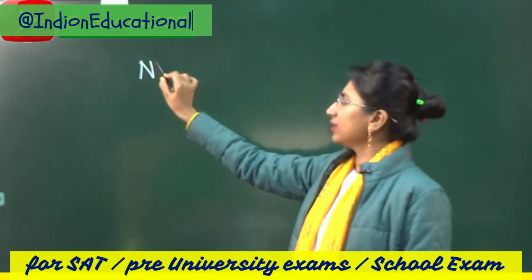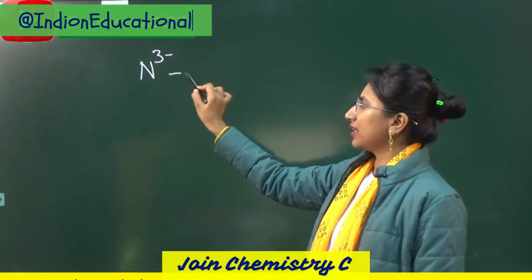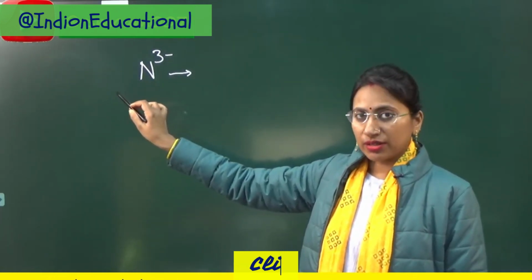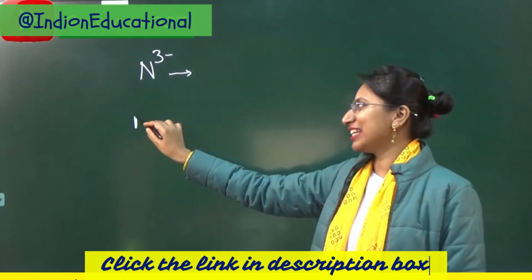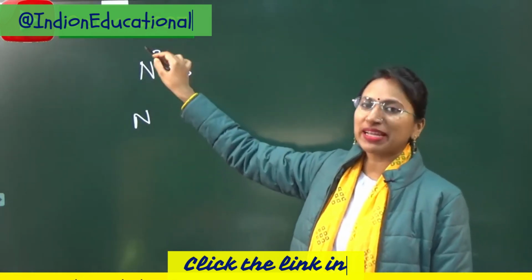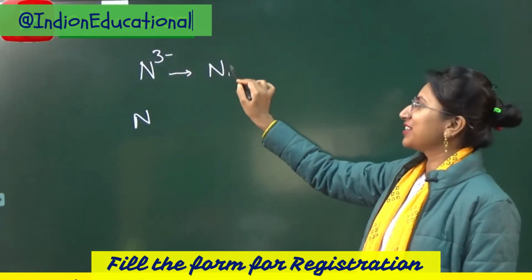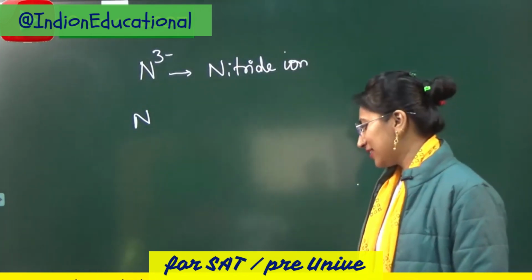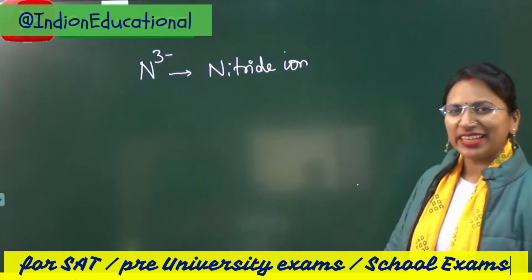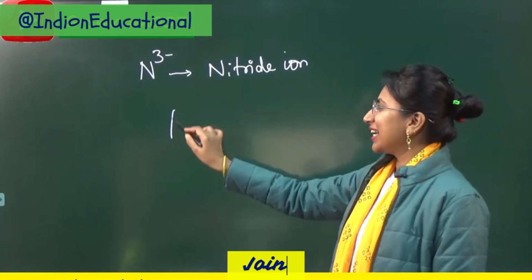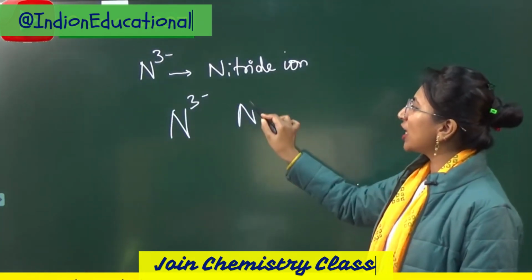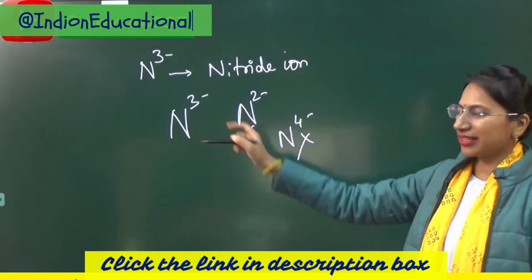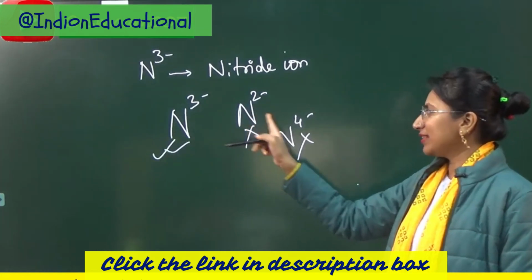Now I am simply writing N3 minus. The name of the element N is? Nitride. Good, very nice. Element N is known as nitrogen and N3 minus will be known as nitride ion. Can you relate it? Why is it like this and not like this or this?